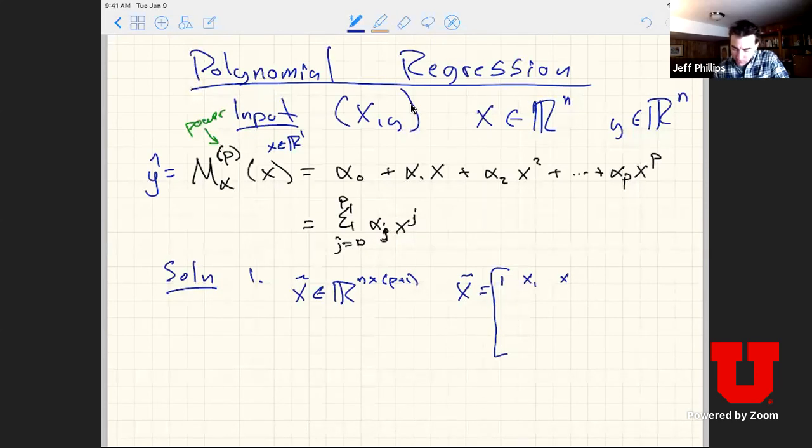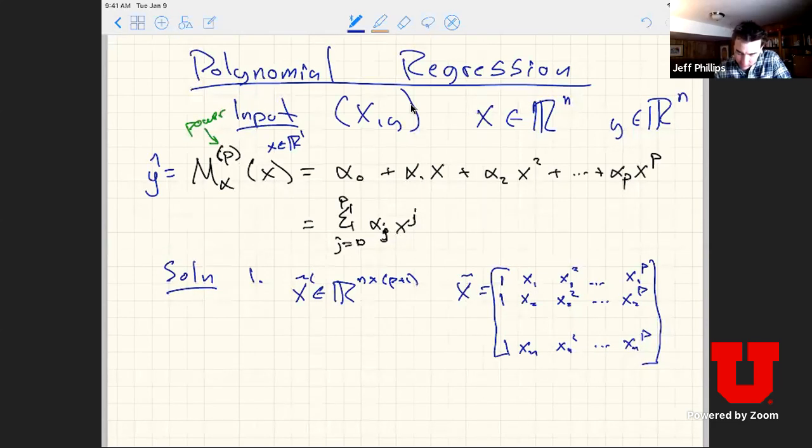The first row corresponds with the first data point. This second row is 1, x2, x2 squared, up to x2 to the power p, and then all the way down to 1, xn, xn squared, up to xn to the power p. We'll call this x tilde sub p.